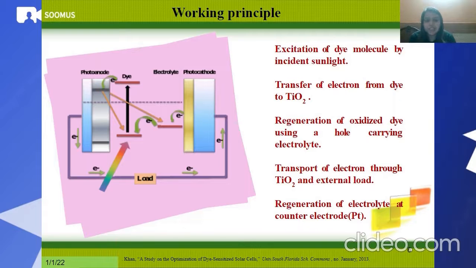Then the electron is transported from the TiO2 layer to the external load. Then again a regeneration process happens at the counter electrode, between the electrolyte and the counter electrode.